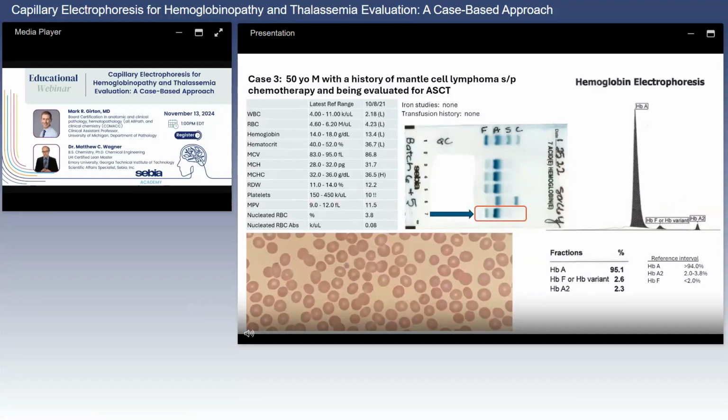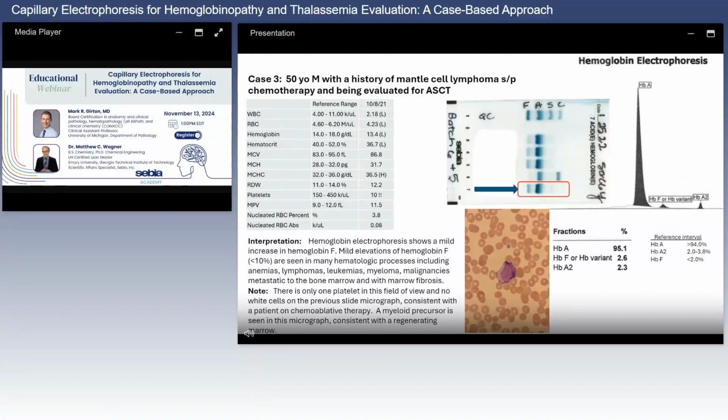In the micrograph below, we see red blood cells, erythrocytes, a rare platelet, no white cells, so that further confirms our history of mantle cell lymphoma with chemotherapy and the CBC indices.